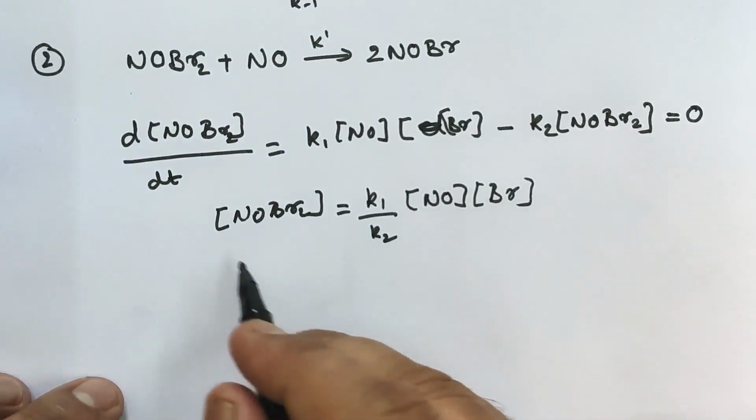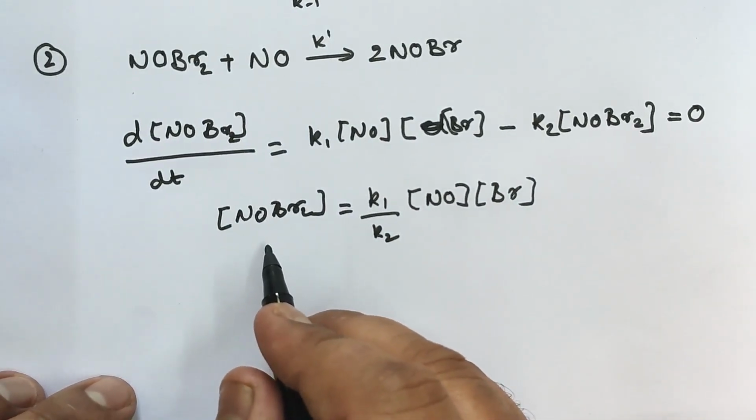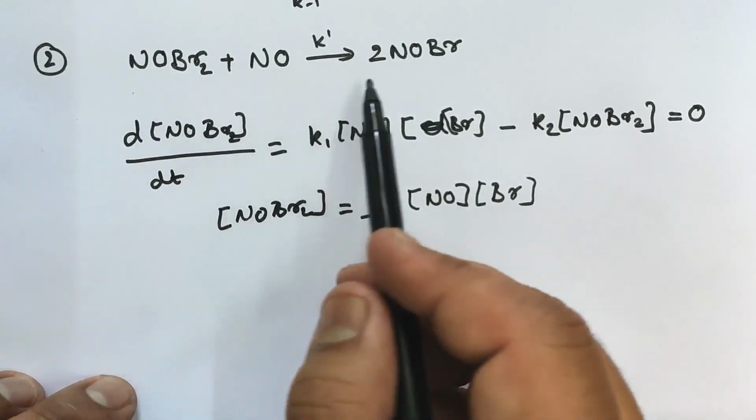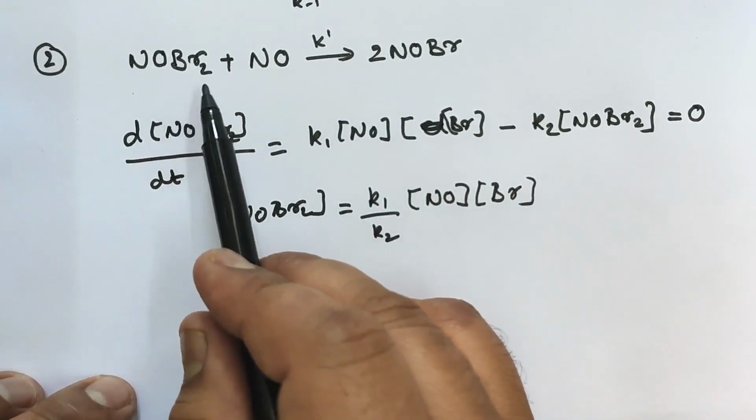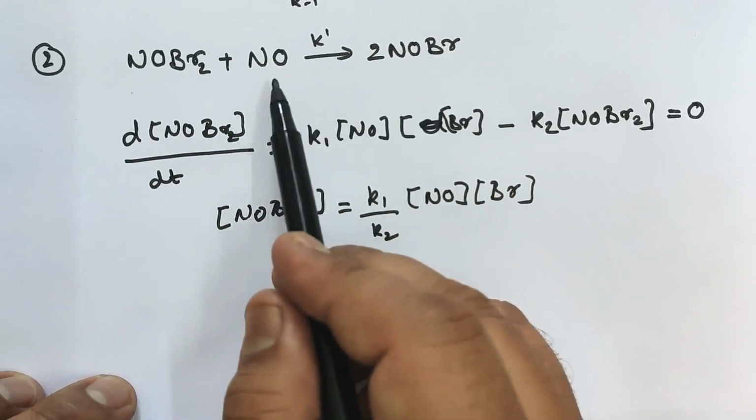Okay, so now we have the concentration of NOBr2, and in the second step NOBr2 is reacting with NO again.